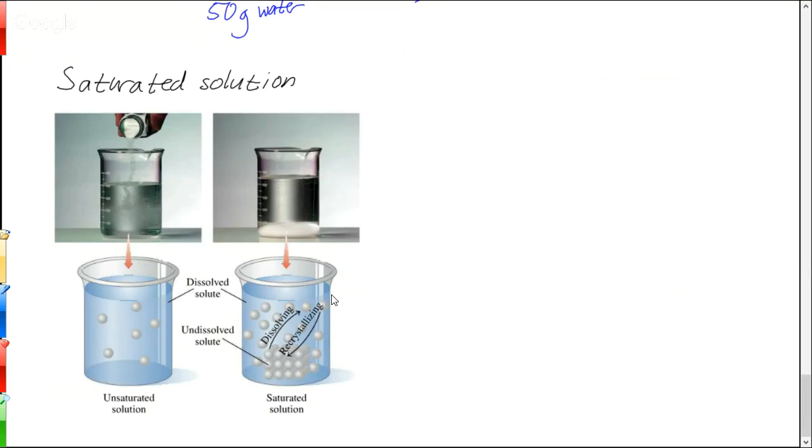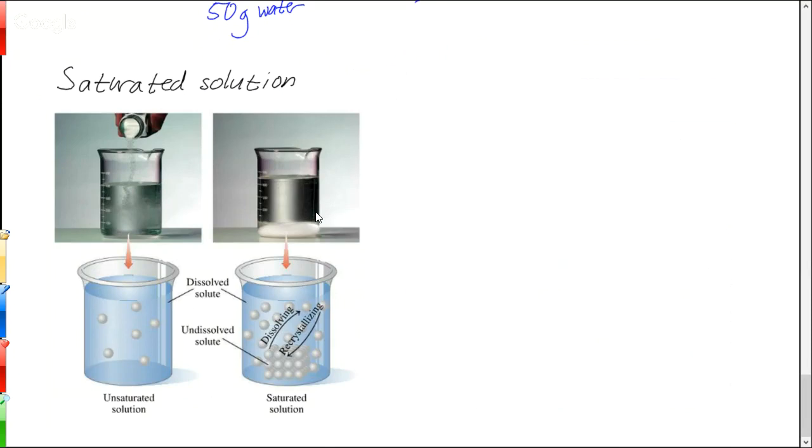So as long as there's a stock there in the bottom of the solid solute, the liquid part will always be saturated because it'll always be able to pull some more out of the extra part sitting at the bottom if it needs to. So whenever you have a saturated solution in lab, like we're going to be working with today, there should be a bunch of salt resting on the bottom of that solution.